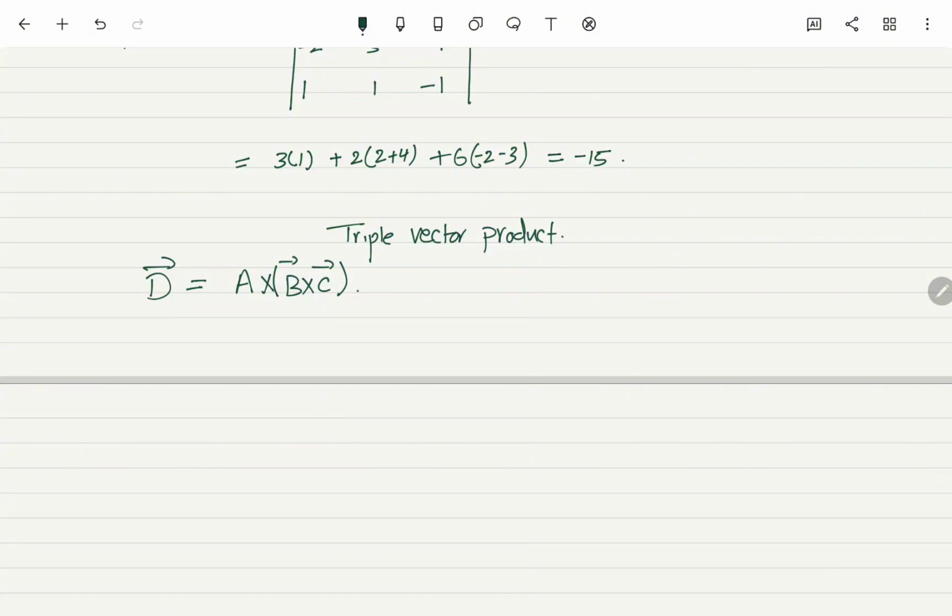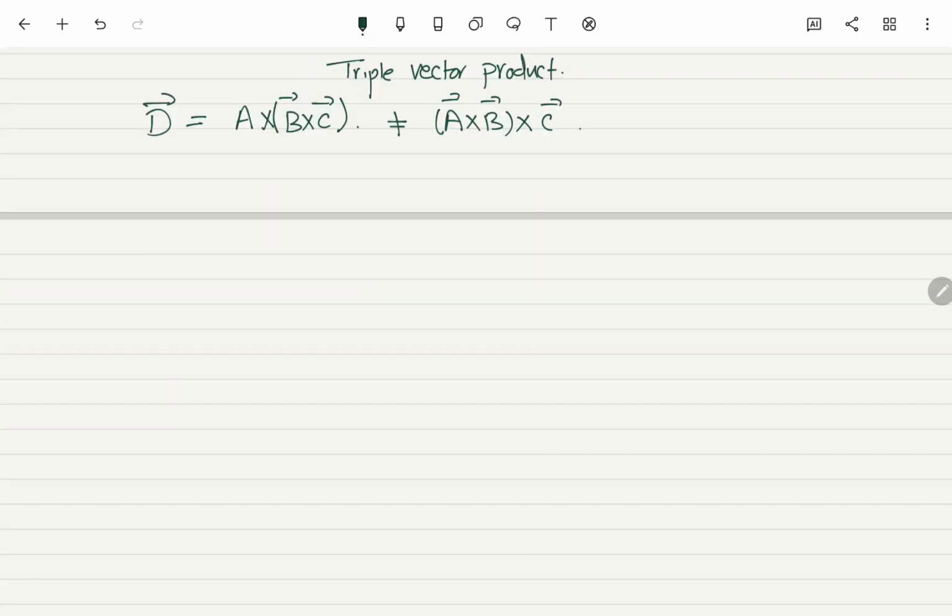In other words, there's a big difference: (A cross B) cross C is not equal to A cross (B cross C). Therefore, parentheses here are very important. It's unlike the other one, which is A dot B cross C. No need for parentheses, as we mentioned before.